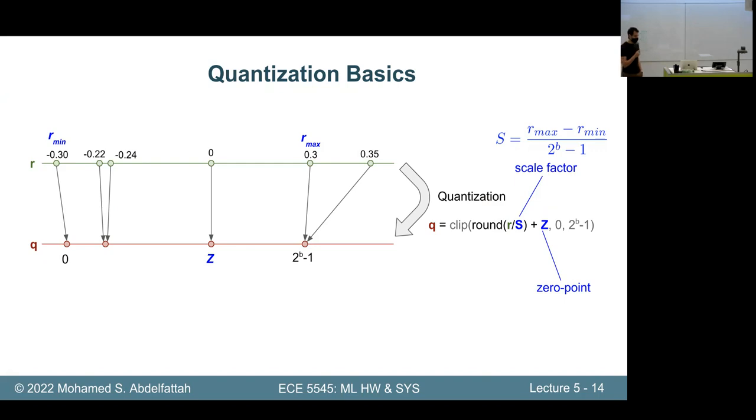So coming back to our scale factor, how I compute that is, I pick a maximum and minimum value that I want to represent from my continuous real values. As I said, you can represent up to like 4 billion numbers and 10 to the power of 38. What is the maximum value I want to represent in my quantized numbers? Usually you look at your numerical distribution, so it looks something like this.